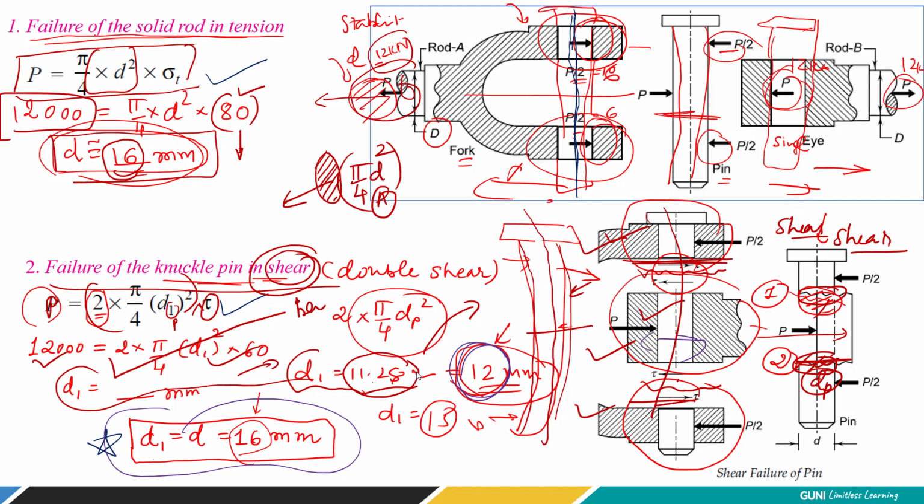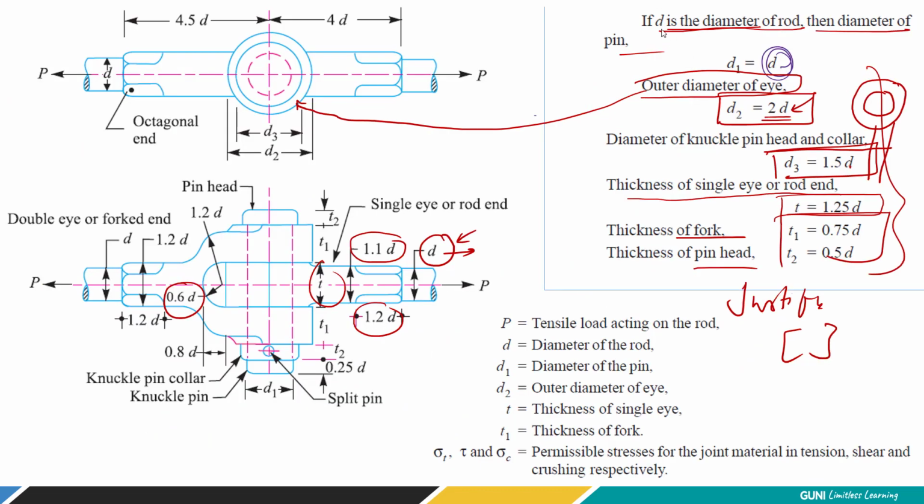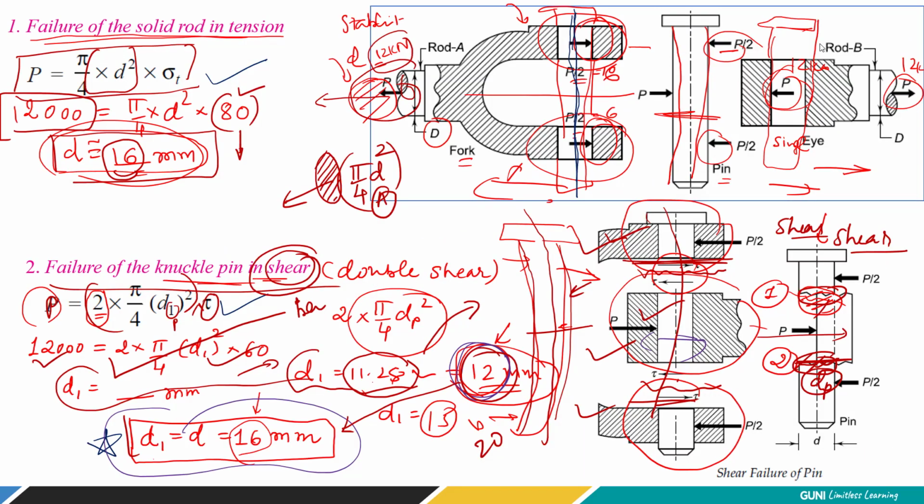अब कितना लेंगे 11.28 उसका 20 लेंगे, क्या करेंगे? So we are simply keeping the diameter of pin equal to the rod end diameter. Just look at these things. यहाँ पे पहले ही लिखा हुआ है कि if D is the diameter of rod, then the diameter of pin is taken equal to the rod diameter, right? So the pin diameter कम आने वाला है, but we are increasing to a value which is equal to the rod end. That means we are making the pin dimensions safer in shear as well as in bending, right?